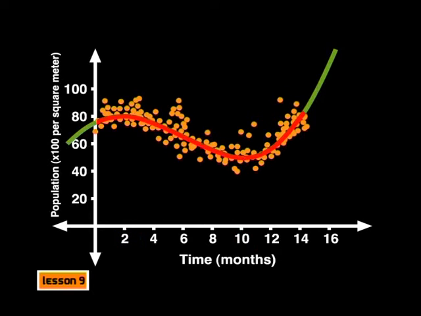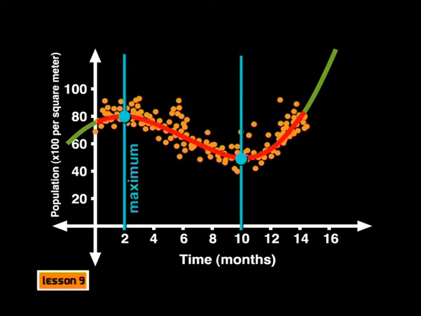And since these correspond to the turning points on the graph, it follows that the population reaches a maximum of 75 after 2 months and a minimum of 49 after 10 months.